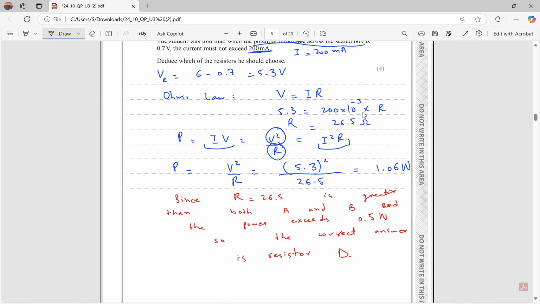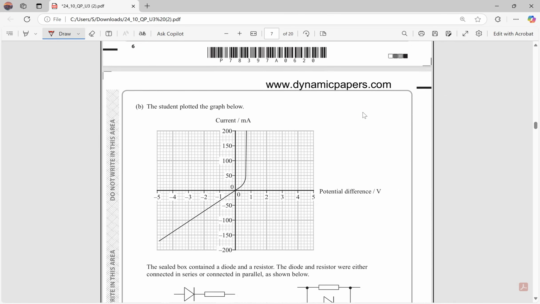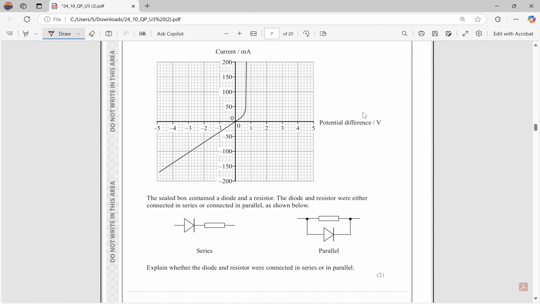I hope that's clear. Moving on to part B.